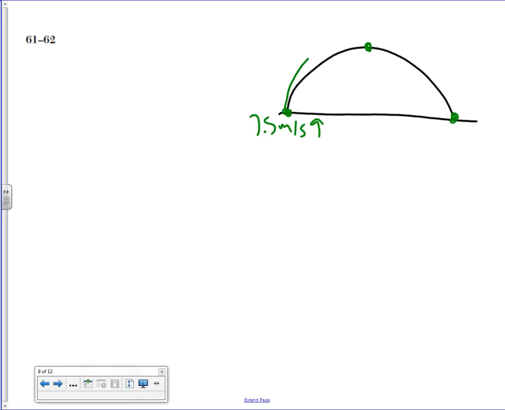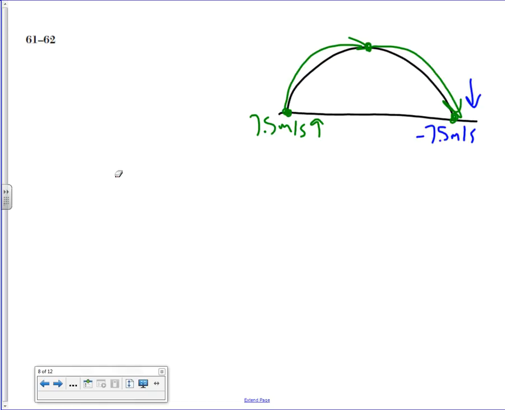So from here to here, we're going 7.5 to 0. This is the same exact trajectory, the same exact motion, just in the opposite direction. So instead of going from 7.5 to 0, we're going from 0 to negative 7.5. And that's the distinction here. It has to be negative 7.5 because we're coming down. We're moving vertically down.